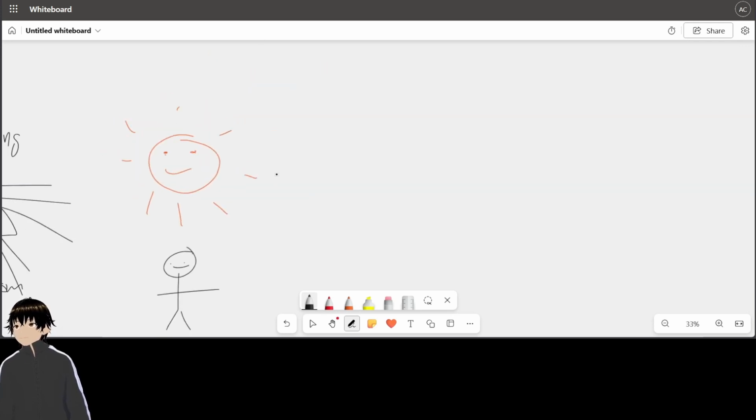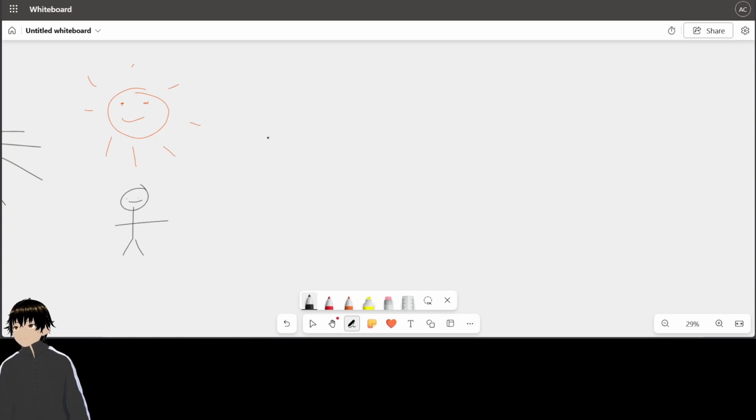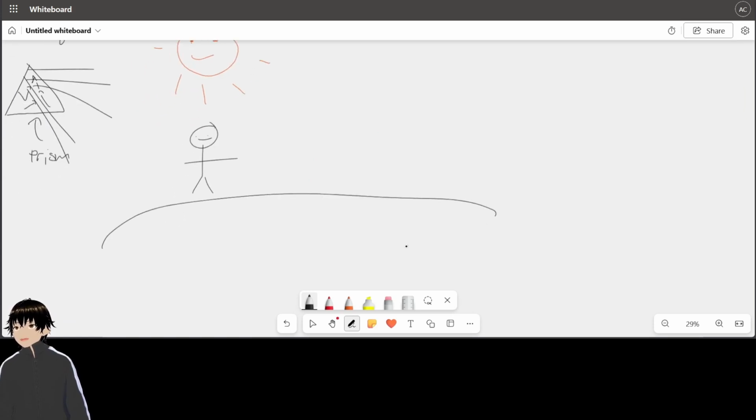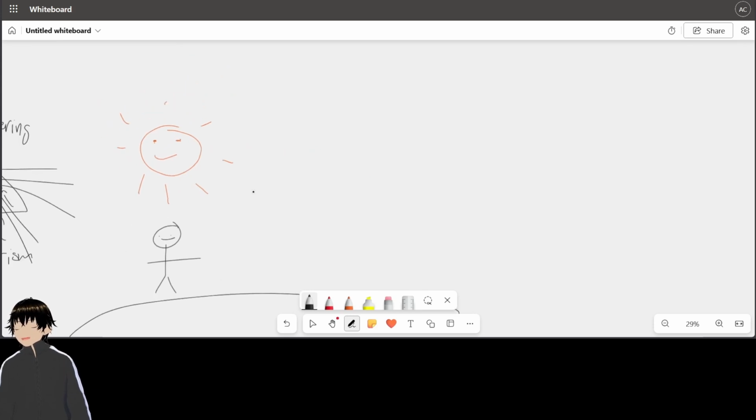When the sun shines its white light onto the earth, the atmosphere of the earth basically interrupts the white light.